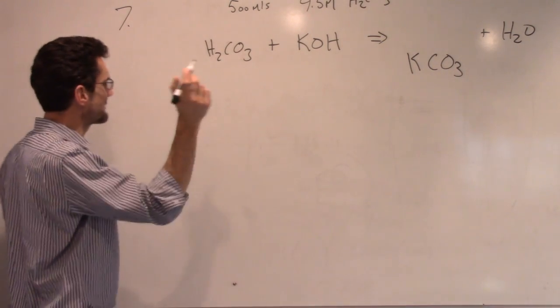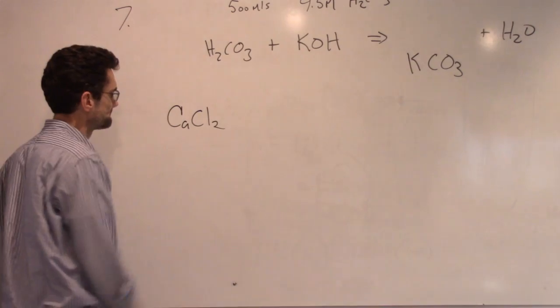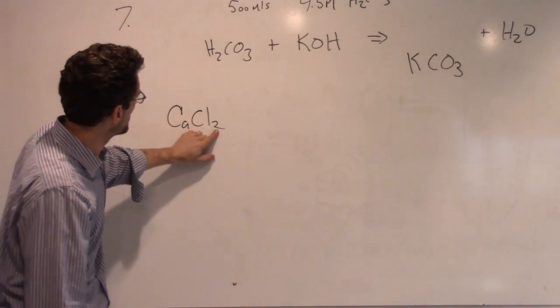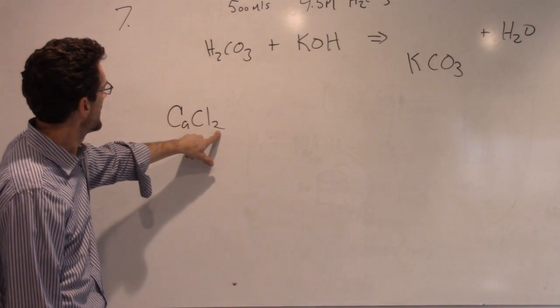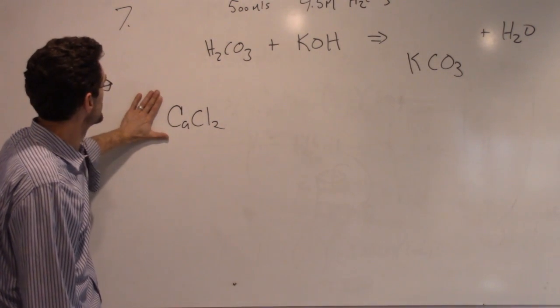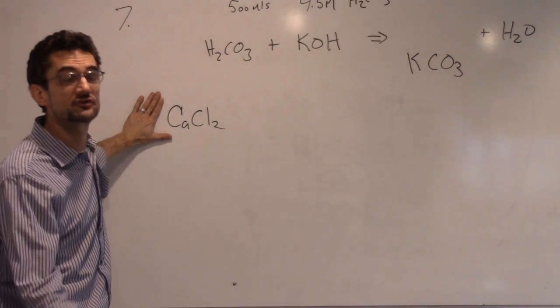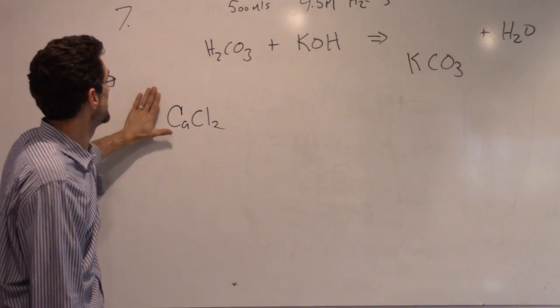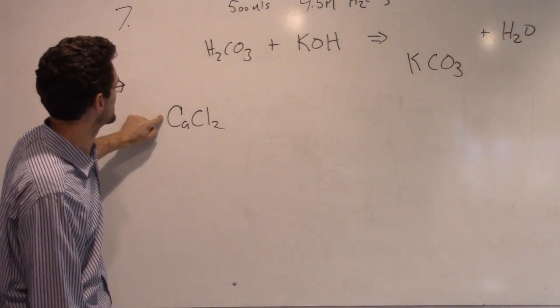Remember when we did, way back when, something like calcium Cl2? Why is that a 2 there? In order for this to remain neutrally charged, it's all got to balance out. What's the oxidation state of calcium?